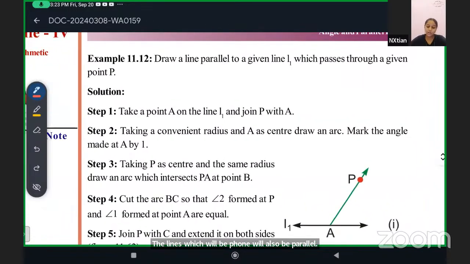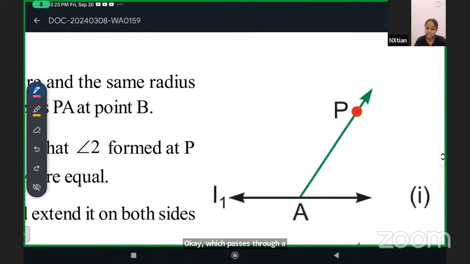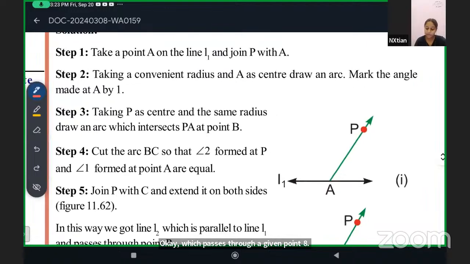Now, the question is: draw a line parallel to a given line L1 which passes through a given point P. What does it mean, passes through a given point P? See, this is the line L1.